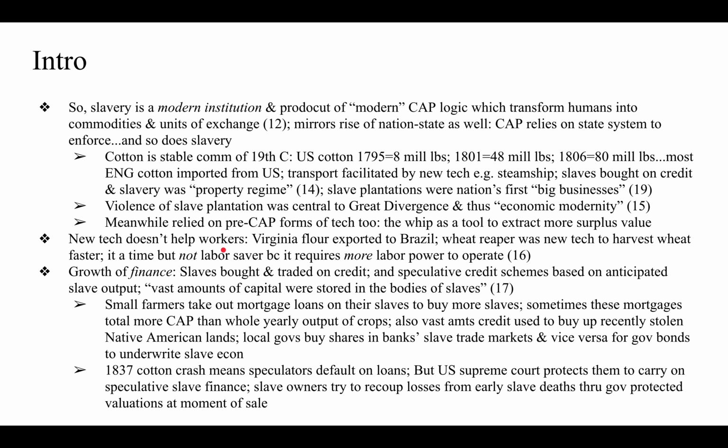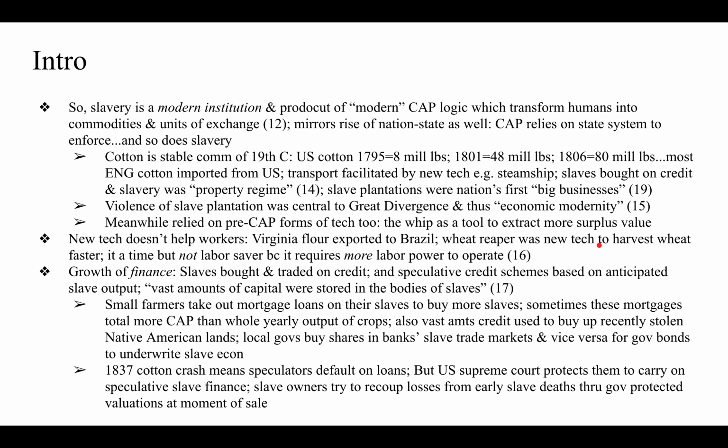And of course, as we've also mentioned, capitalist technology does not help workers in any way. It's only designed about increasing productivity and efficiency, meaning extracting a higher rate of surplus value, right? And one example of this is the wheat reaper, as we'll see in a later chapter.